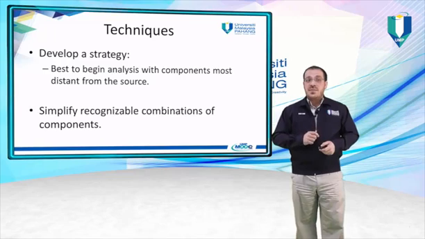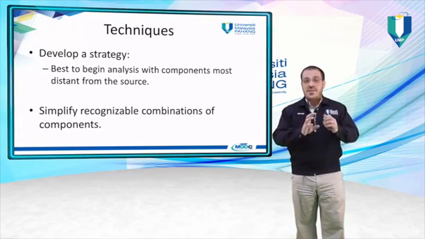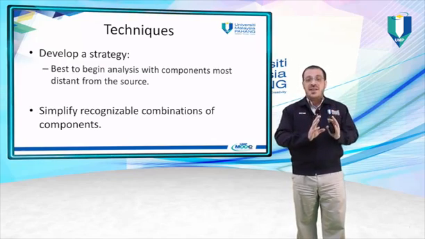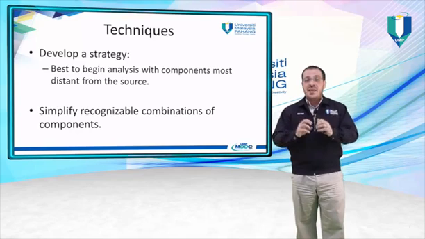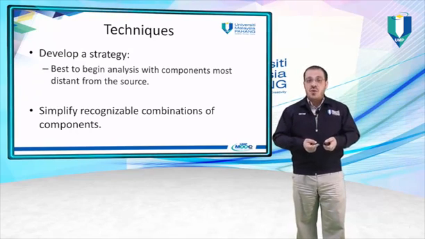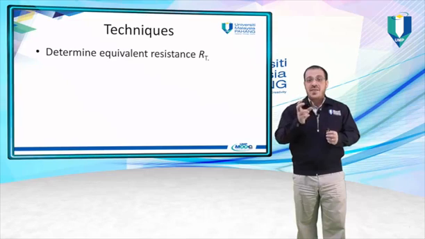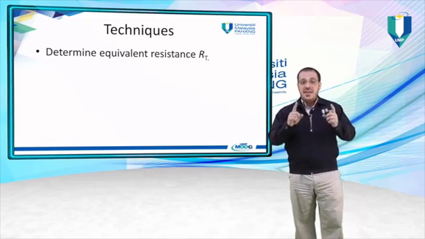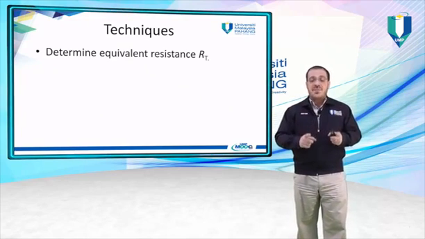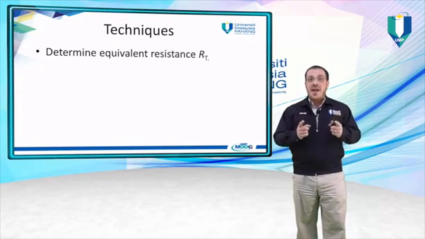Try to simplify recognizable combinations of components. If it is clear that these parts are parallel and these parts are series, simplify them and redraw the circuit. Determine the equivalent resistance RT. So simplify and find the RT. Our target in series-parallel analysis is always to find RT.